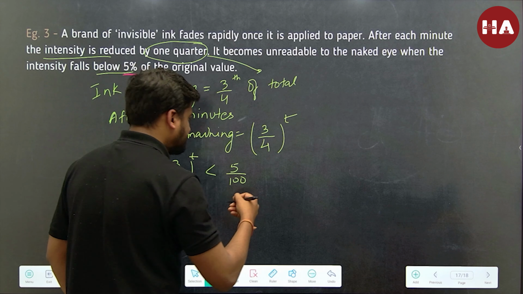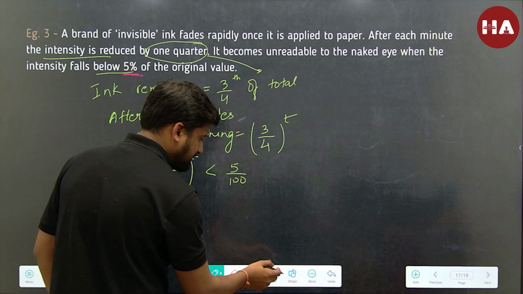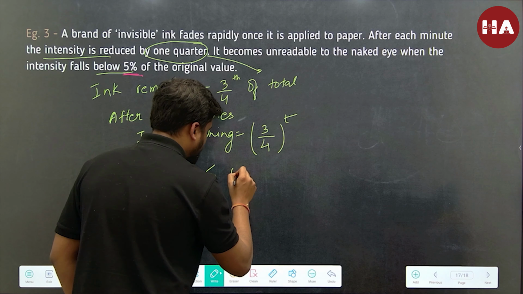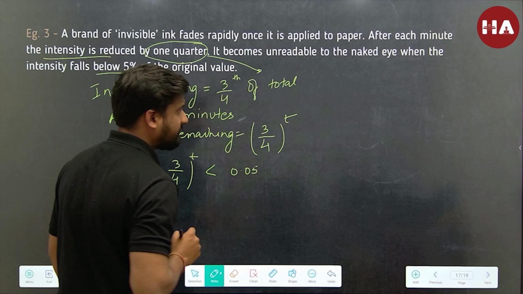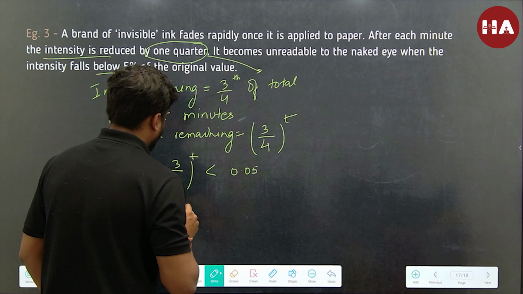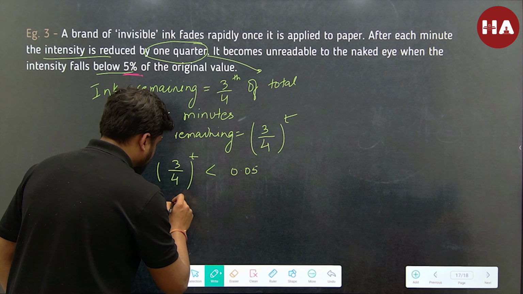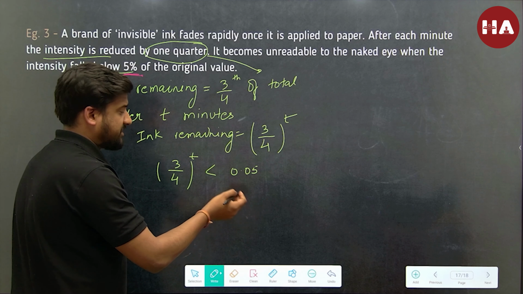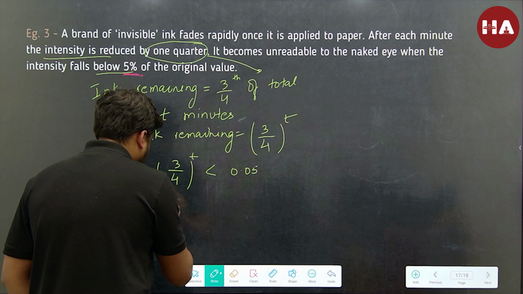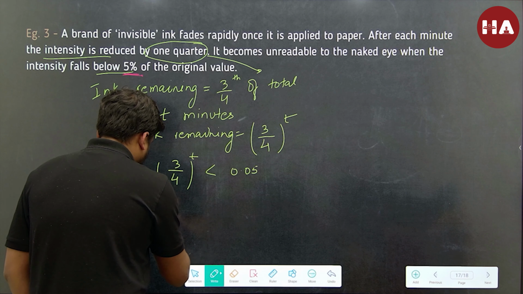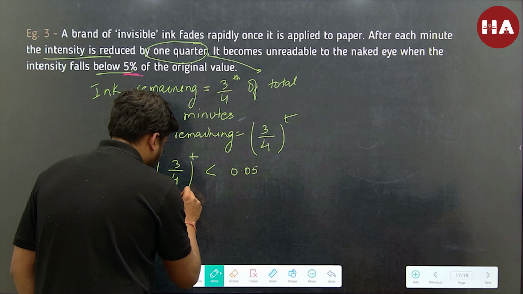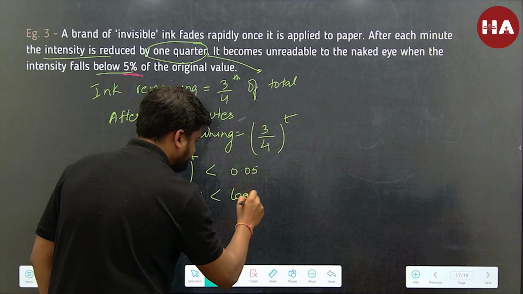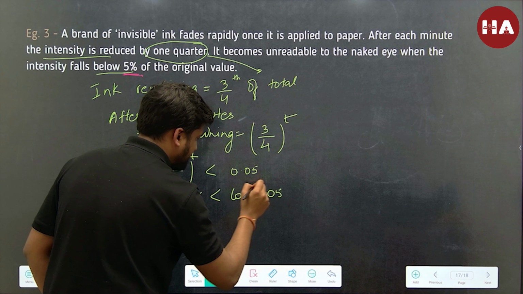Or you can write this as 0.05. Correct. Okay, let's apply log on both sides. So I'll get t log 0.75 is less than log 0.05.